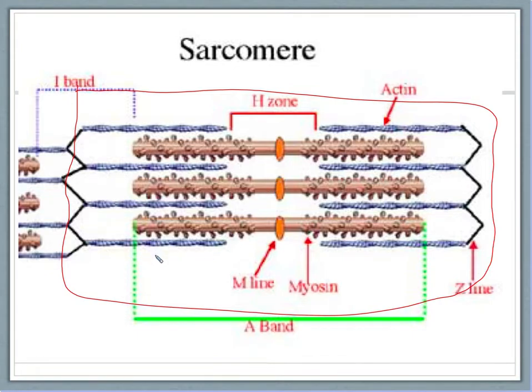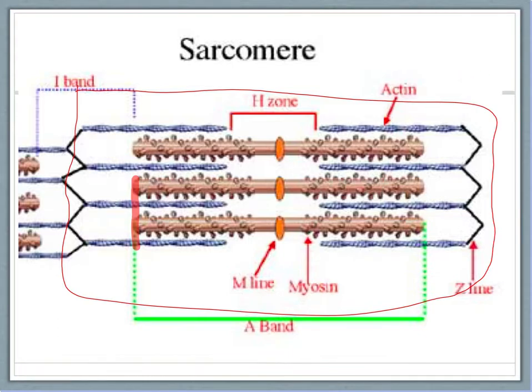Our A band encompasses everything that is within your myosin. So everything from here over is our A band. And I should undo this quick. I should make that green so you can see it. And I should use a highlighter to make it a little thicker.